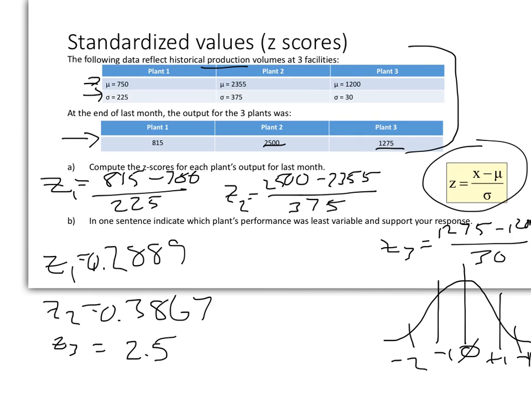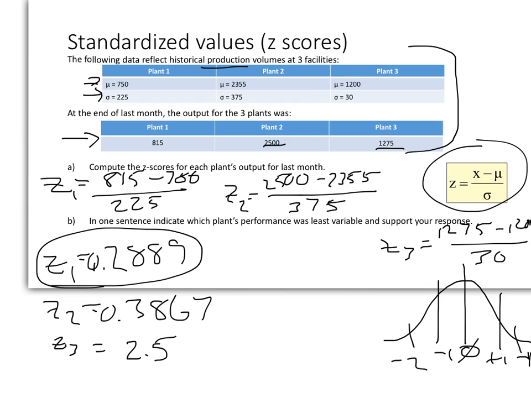Okay, so in one sentence, indicate which plant's performance was the least variable to support your response. I'll just mention the reason I ask you to say something in one sentence is so that I don't get a book written about why it might be 1, 2, or 3. You should have a clear and concise answer, and I don't want to read a novel about it, just explain what it is. So in this case, plant 1 is closest to 0.